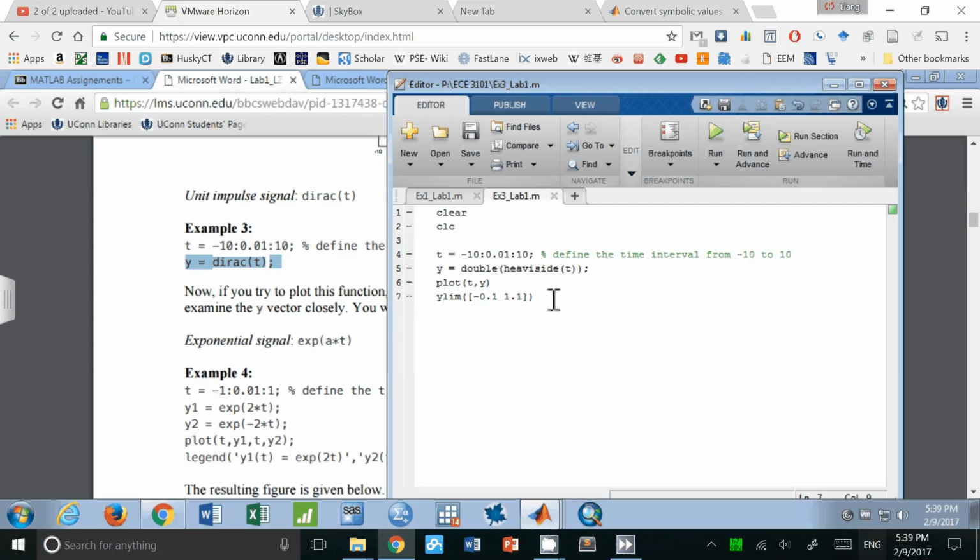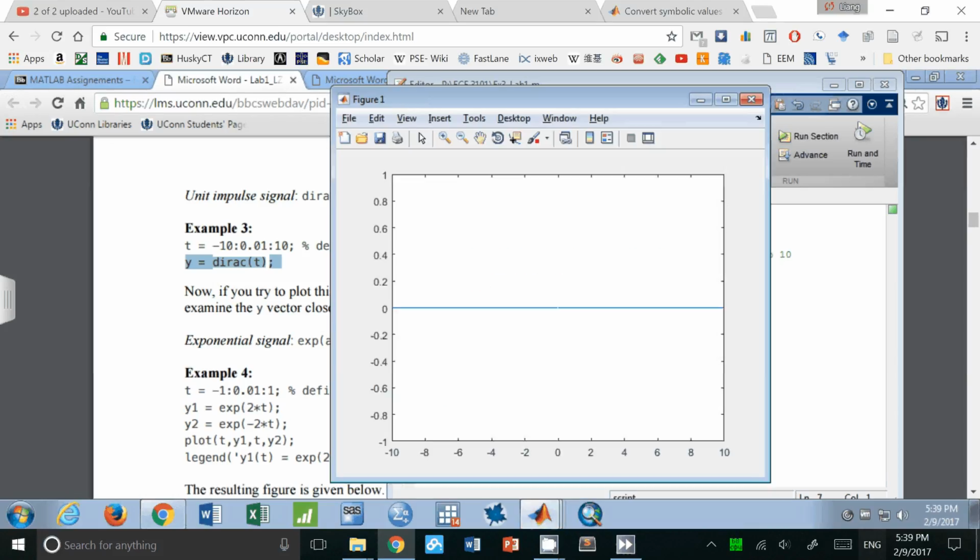In this case, we can define y as a Dirac function of t. So the time axis is still -10 to 10. I'm defining my Dirac function. So if I run this as a new file now, let's see what happens.